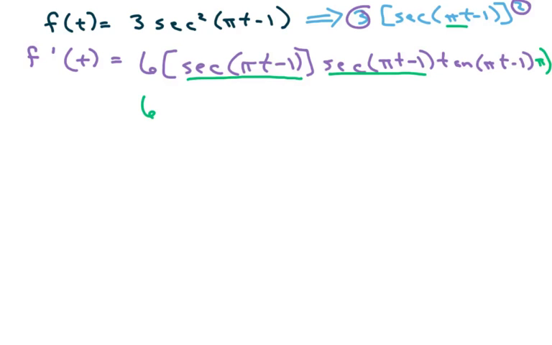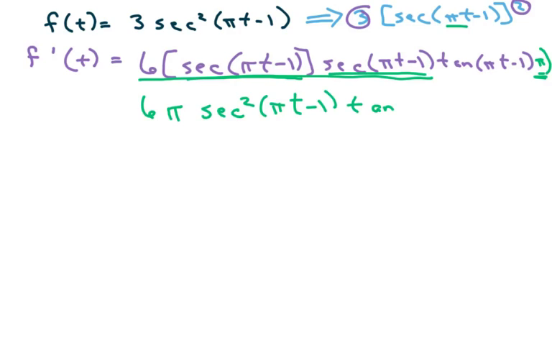I can write this as 6 times pi, and since I have 2 of these, it's going to be secant squared of pi times t minus 1. So that took care of all of this plus that. And then we have our tan of pi t minus 1.